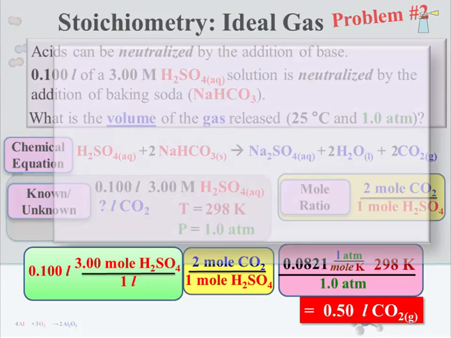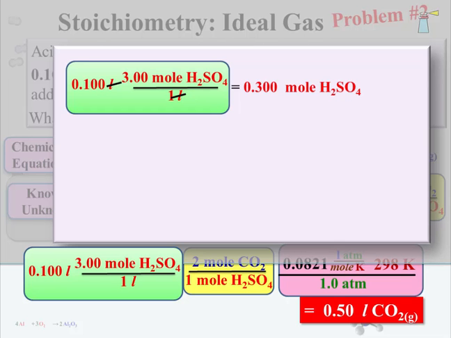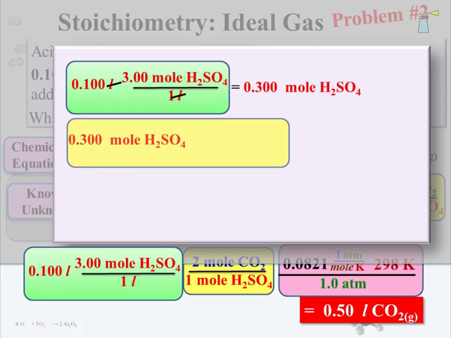Cleaning up the equation and looking at the solution in 3 parts has the 0.100 liters of sulfuric acid being multiplied by its molarity of 3.00 to get into moles. Canceling liters has 0.100 liters of the 3 molar sulfuric acid containing 0.300 moles of sulfuric acid. Place that value in front of the mole ratio, oriented to cancel moles of sulfuric acid.